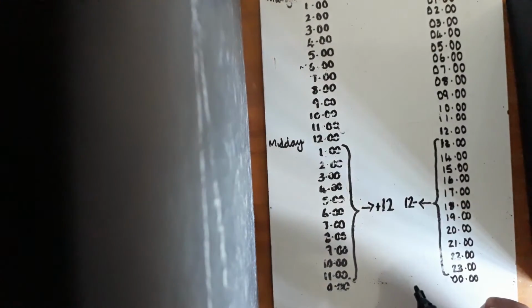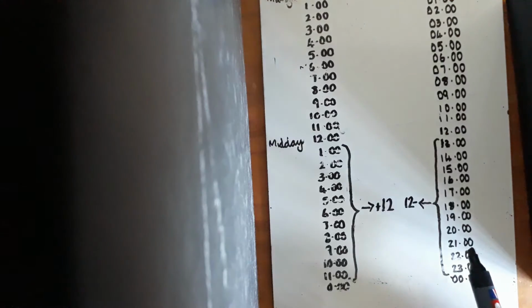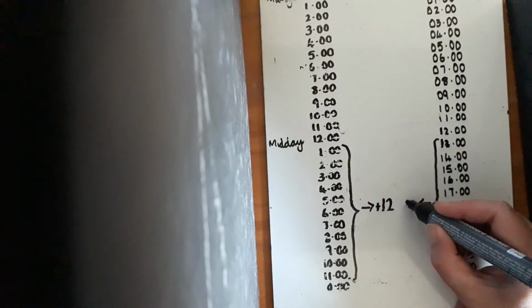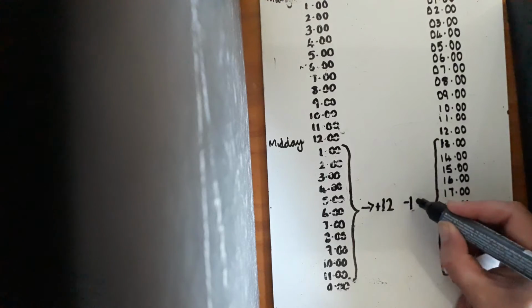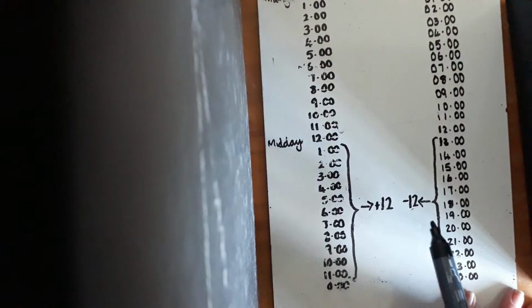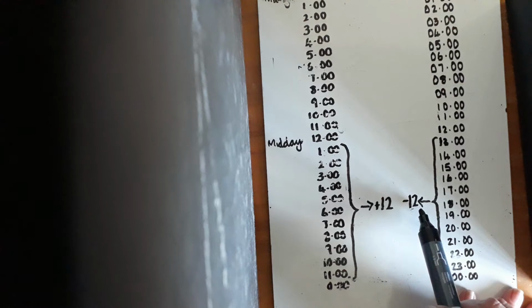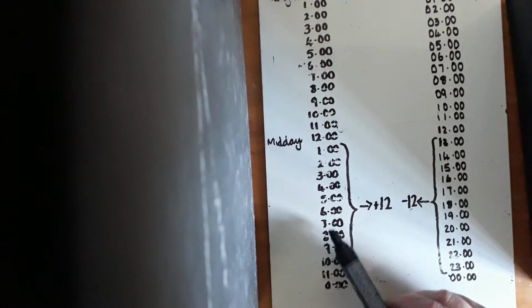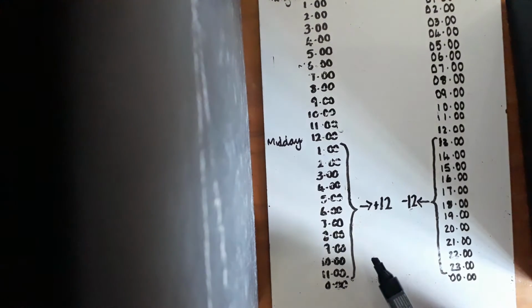Right, so to go from 24, in fact I'll write it like that, so I think it might be clearer. If we want to go from 24-hour time to 12-hour time, we need to subtract 12, and if we want to go from 12-hour time to 24-hour time, we need to add 12.